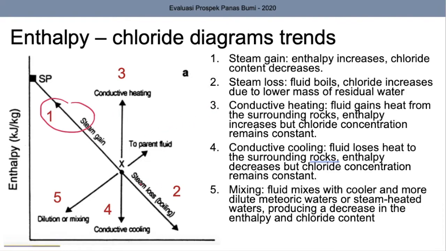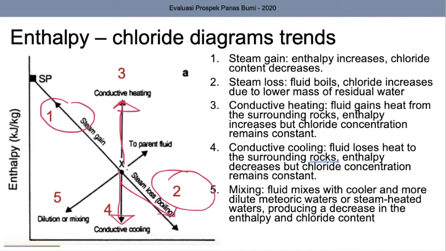And for the second one, if your group of fluid is going downwards along the steam line, it means that you have steam loss. If it goes upwards along the y axis, it means that you have conductive heating. If you go down along the y axis, it means that you have conductive cooling.